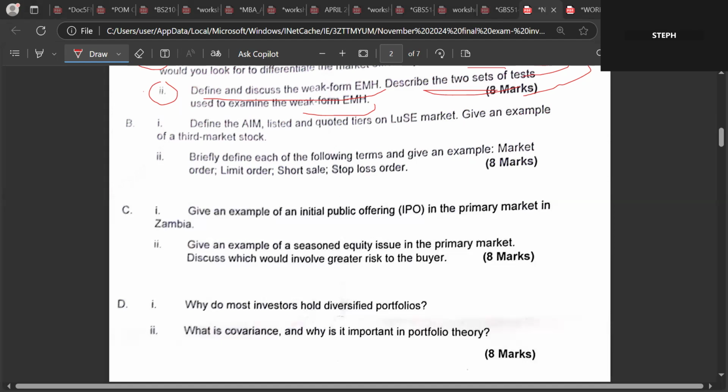Now, an example of a third market stock: this refers to the trading of an exchange-listed company's securities in what you would call the over-the-counter market, between institutional investors.